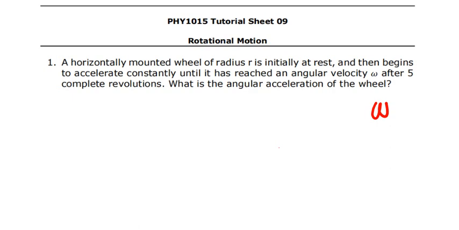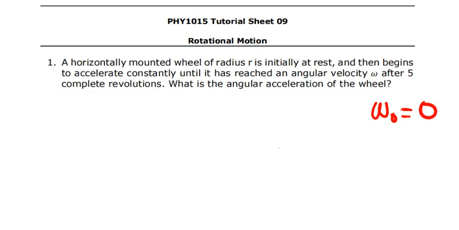What is the angular acceleration of the wheel? So what data have we been given? Initially it is at rest, so what would be the angular velocity? Initially it is 0.